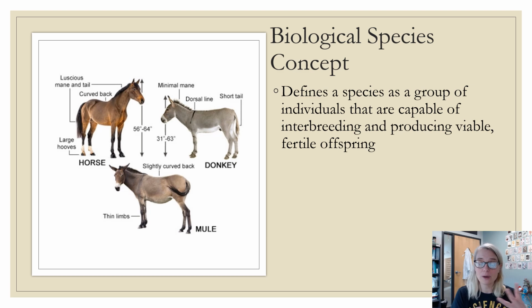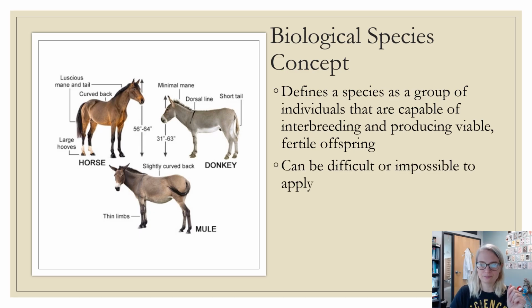It won't be miscarried due to genetic abnormalities. But mules cannot mate with other mules to make baby mules. So they are infertile. So the mule does not count as a species because it cannot mate and make more fertile offspring. The only way you're ever going to make a mule is you crossbreed a horse and a donkey. So according to the biological species concept, horse is a species, donkey is a species, mule is not a species.